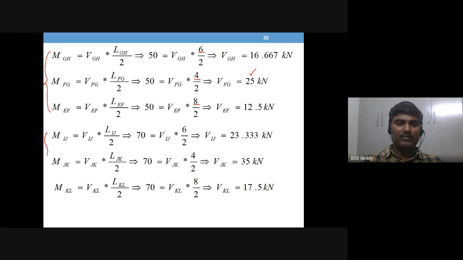Same way, the bottom, first story beam, I can call it. So 6, 4, 8 spans. So same, the maximum is in the middle. If the span is less, shear is more. So very logical. In long spans, bending moment is predominant. In short spans, shear is predominant.